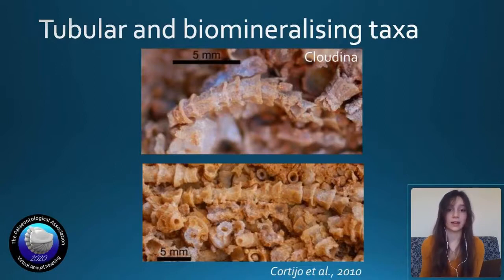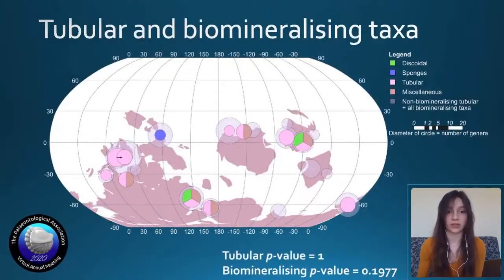If I show you the distribution of them across the globe, with the solid pie chart showing the biomineralizing taxa, with pink sections of these pie charts being the tubular biomineralizing taxa, and then the faint circles showing all tubular taxa, we can see that both tubular taxa and biomineralizing taxa, including the biomineralizing tubular taxa, are found globally distributed, with no obvious difference between low and high latitudes.